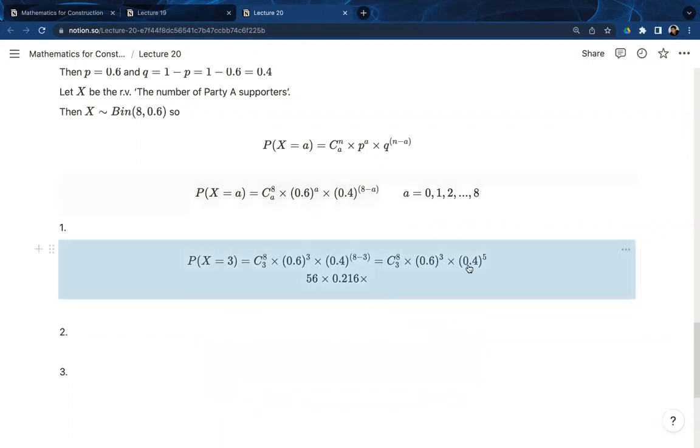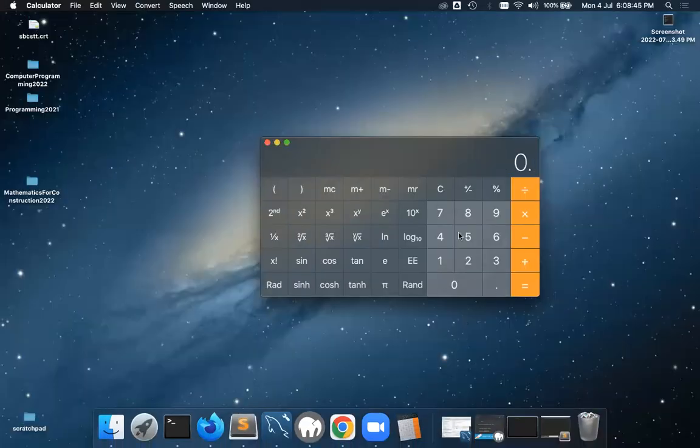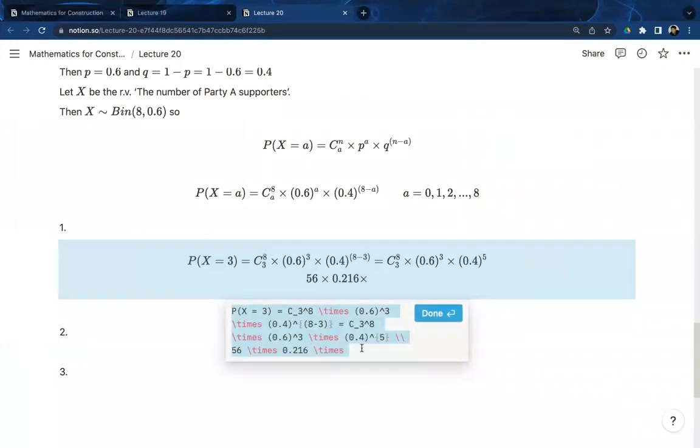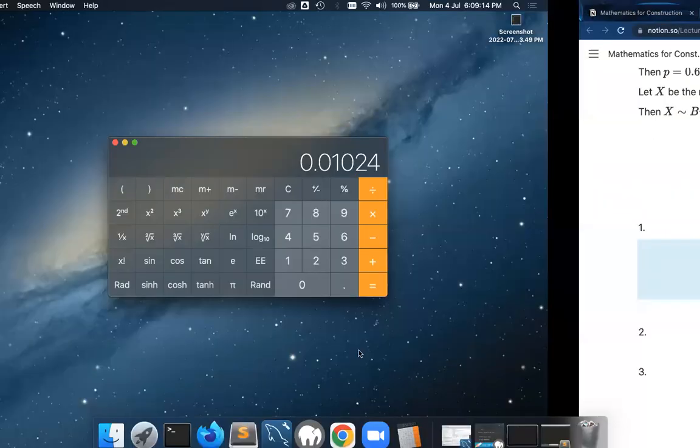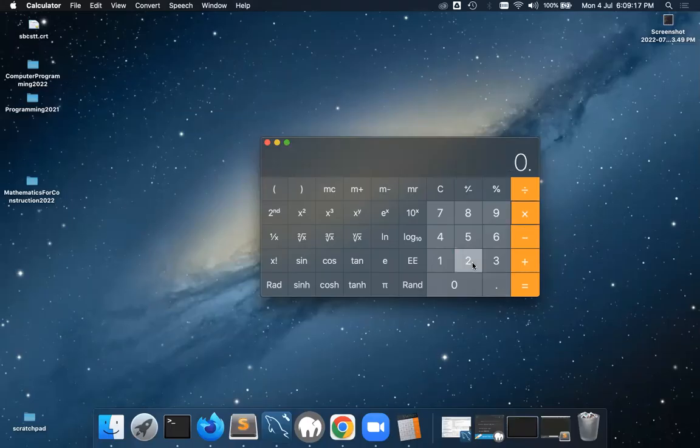And 0.4 to the power 5 is 0.01024. Multiply 0.216 by 0.01024 by 56.